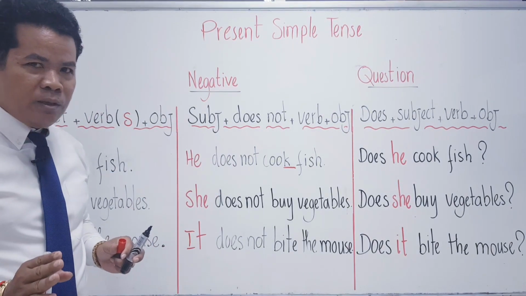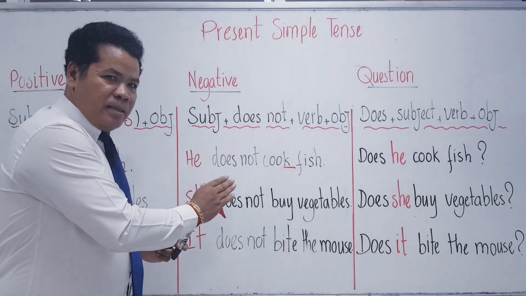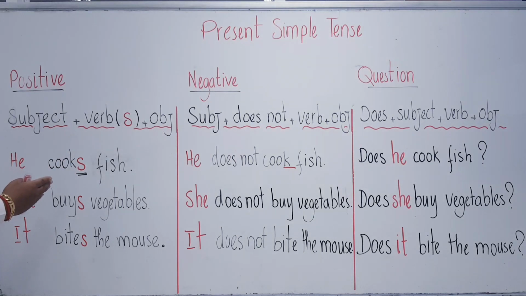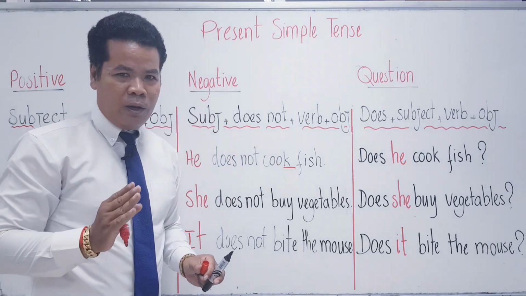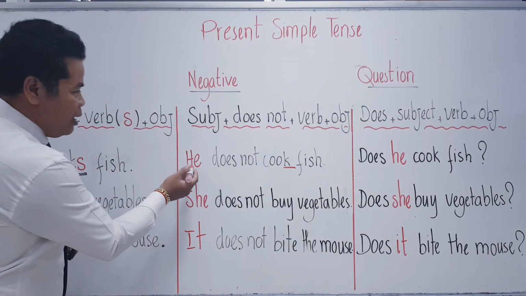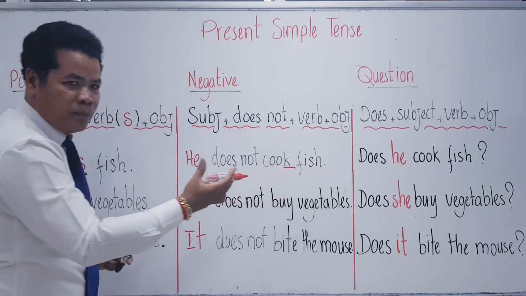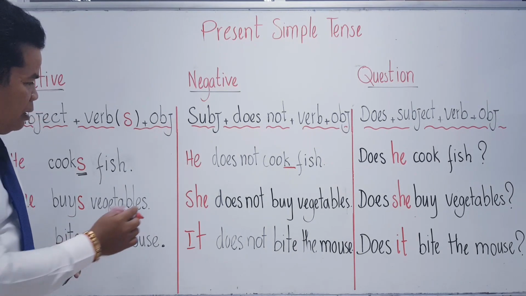As I told you, just keep in mind, you can add S to the verb only in the positive form. When we use the negative form and question form, there is no S anymore. That's why you have to keep it in mind. Here we go. He does not cook fish.